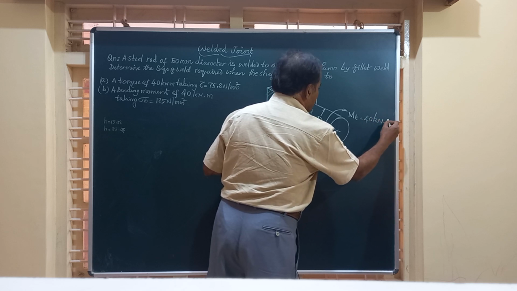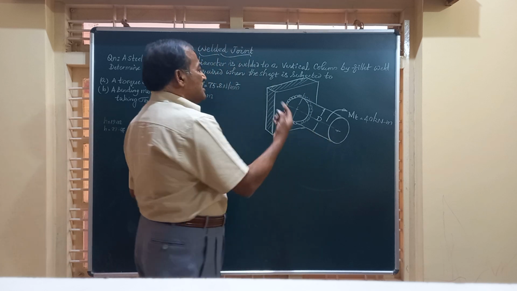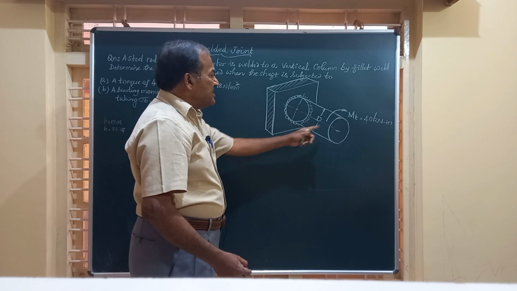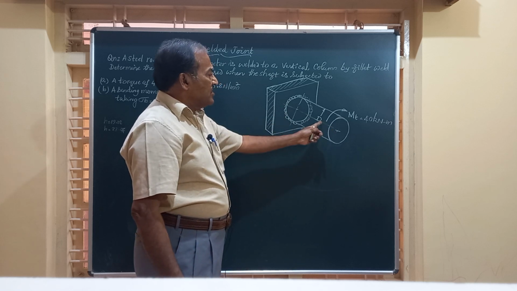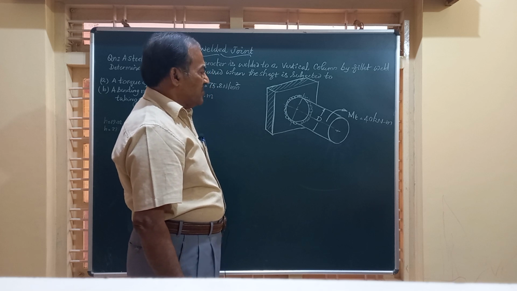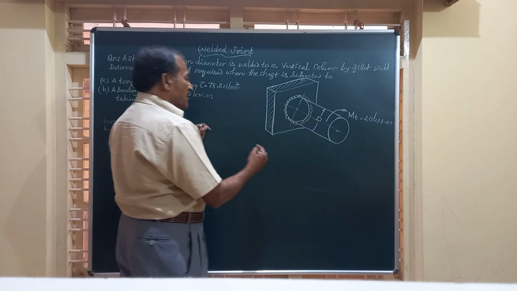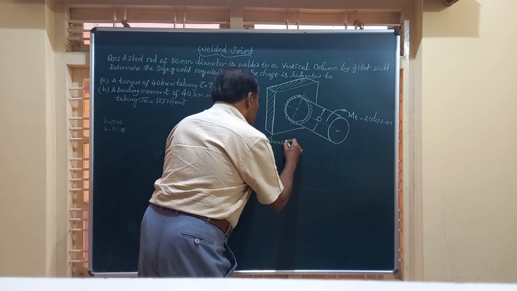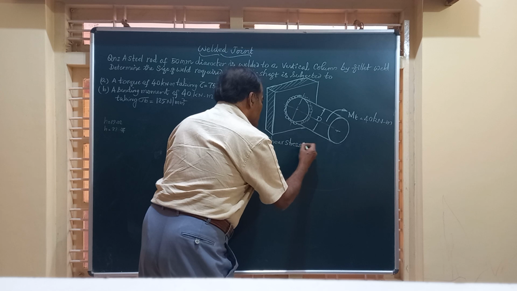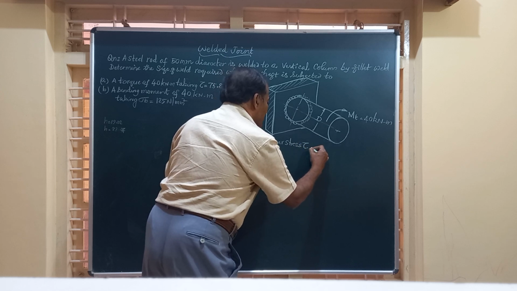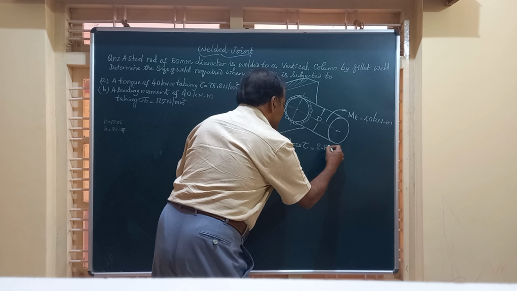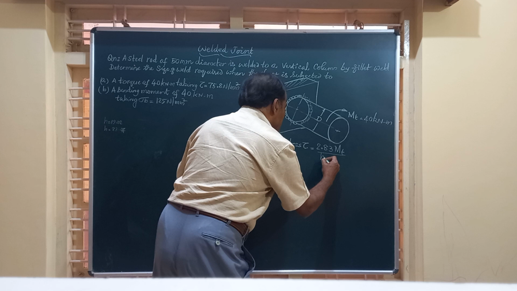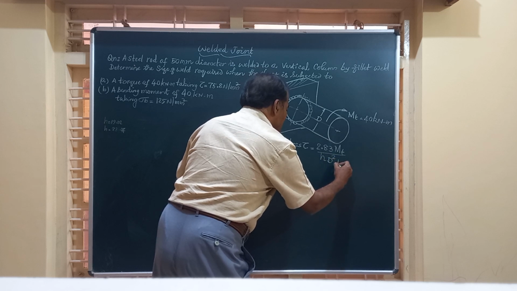If you refer to the data handbook, for a case wherein the shaft is subjected to a torque or twisting moment of 40 kilonewton meter, we have the formula: the shear stress induced is given by 2.83 MT divided by h d square pi.